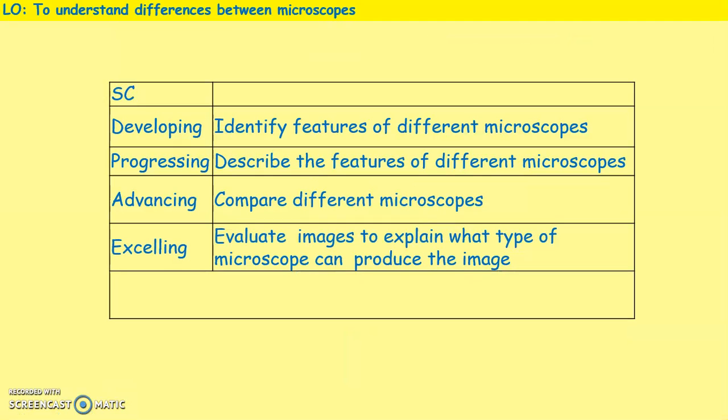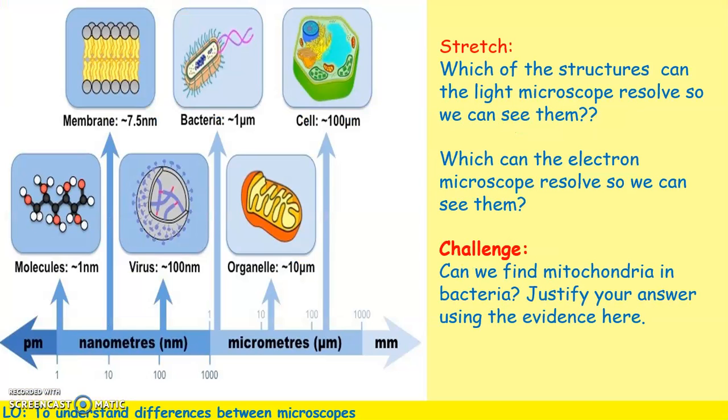So, in this session, we've been able to identify the features of microscopes, describe those features and compare them. So, lastly, can you evaluate the images to explain what type of microscope can produce which image? Have a go and see if you can. So, which structures can the light microscope resolve so we can see them?